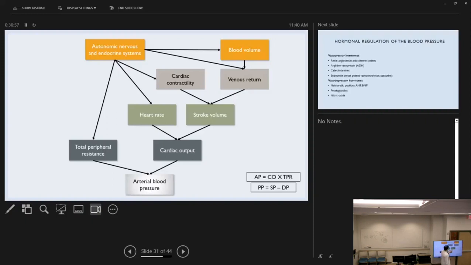Then we have the stroke volume that depends on the contractility and depends on the venous return. Again, all these things that you have in this diagram, all of them are directly proportional. That's why you don't have any minus, plus, there are increases or decreases. If you increase the contractility or the venous return, you will increase the stroke volume, and that will increase the cardiac output, and that will increase the blood pressure.